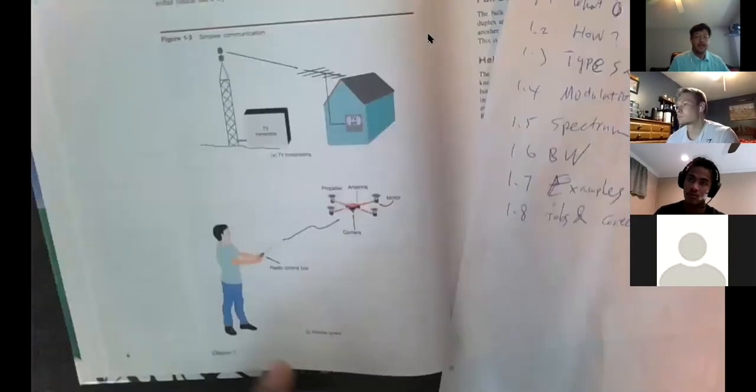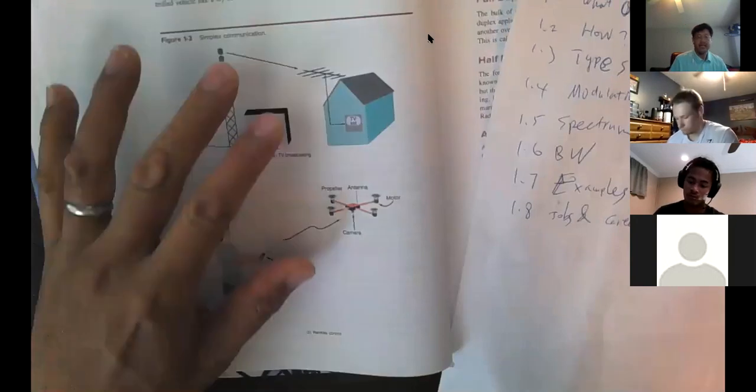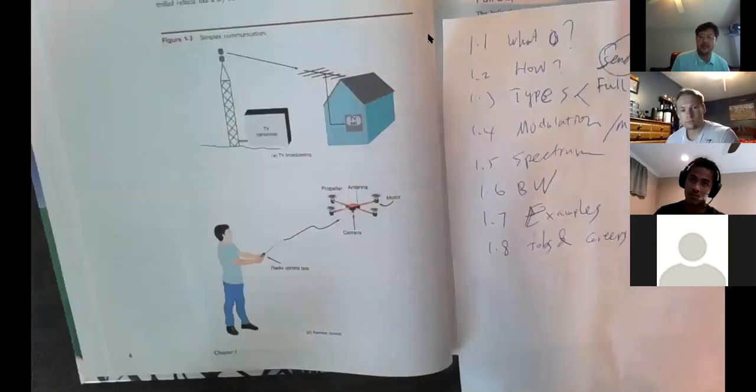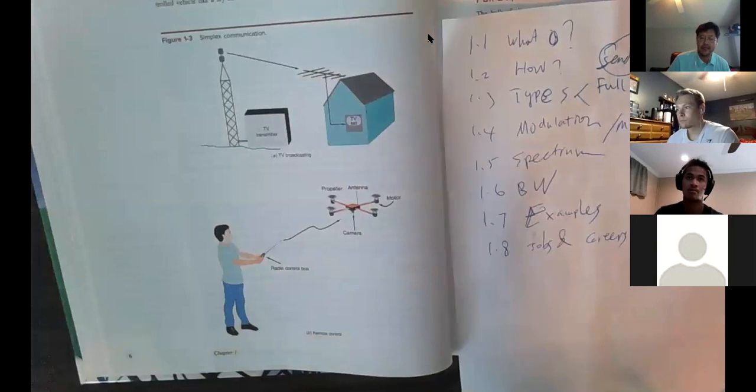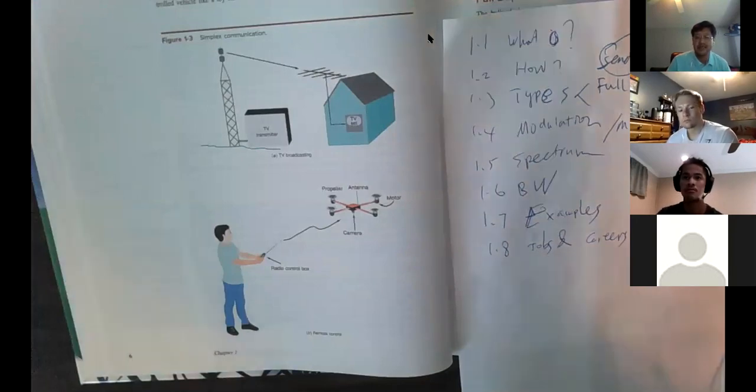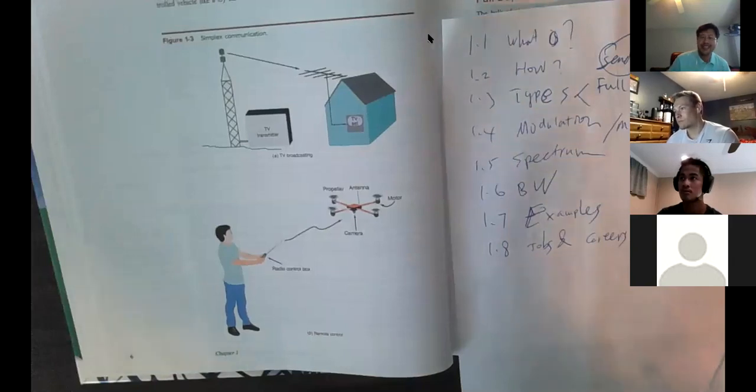This is called half duplex. Why? Because when you receive television, when you're watching TV, you're only receiving. Your TV is not sending out signals, right? Unfortunately, today's TVs are sending out signals. Do you know that?